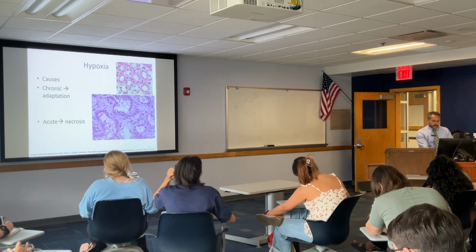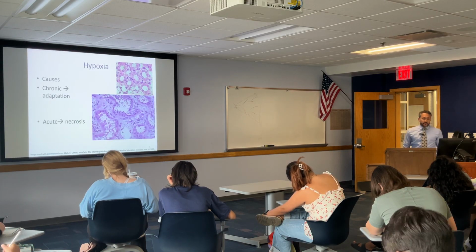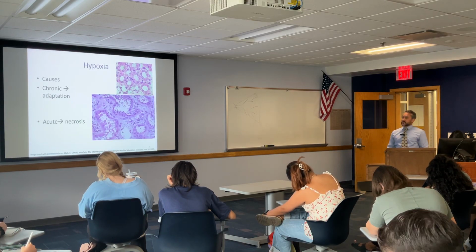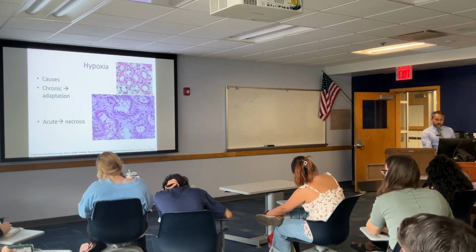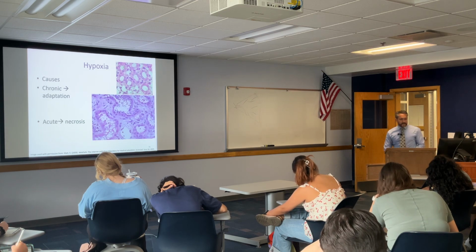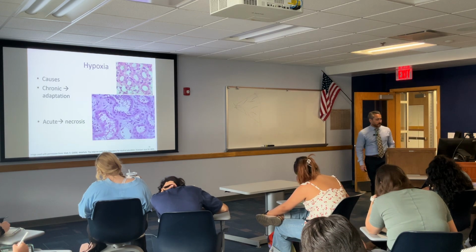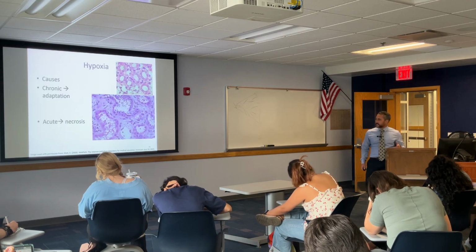So the picture here, again, another heart failure patient. This is called acute tubular necrosis, ATN, is the terminology. Hypoxia, low oxygen levels, is the cause, leading to ischemia, which is low blood flow into the tissue.